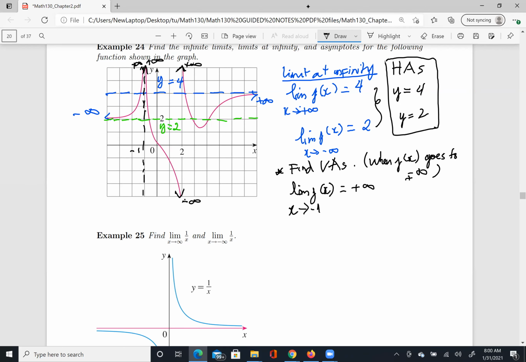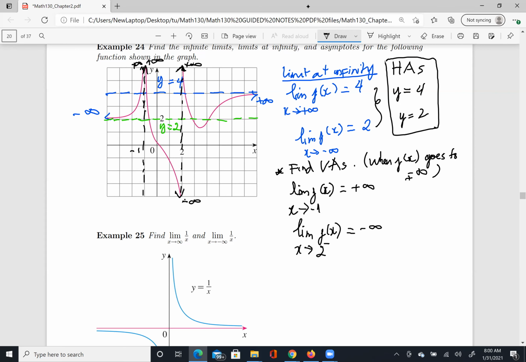For the other vertical asymptote, you can see x equals 2. Okay, so this is a little bit different. For the limit of f(x) when x goes to 2 from the left hand side, it will give you a negative infinity, right?